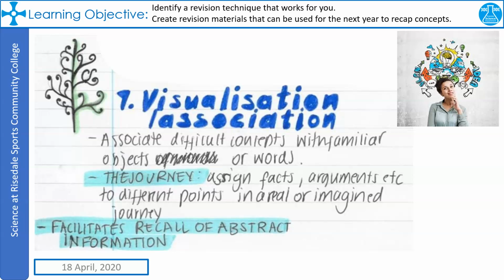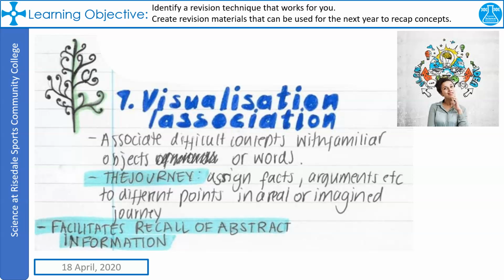One final technique, which I don't really get on with, but you may be the type of person who really gets it, is something called visualization. Apparently the people who win the world record for remembering the most things use this technique, where they try and associate difficult concepts with familiar objects.